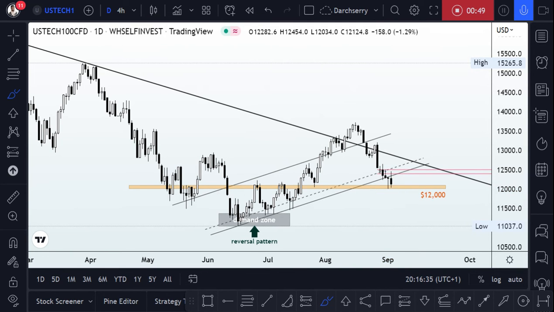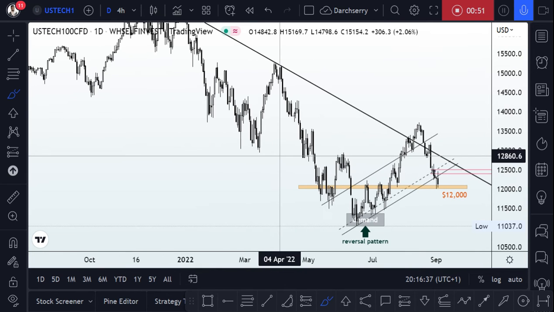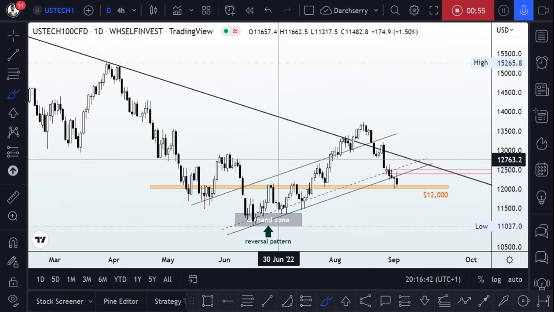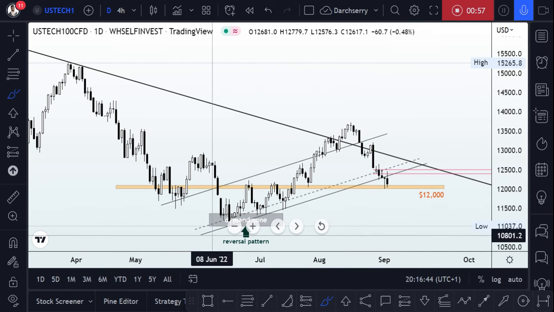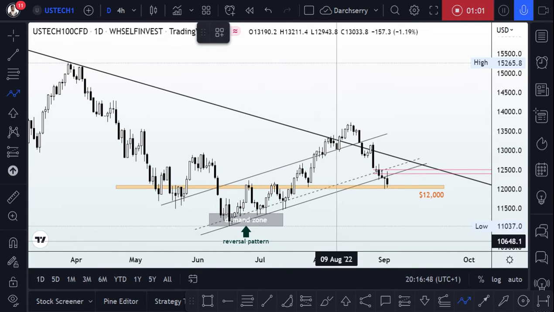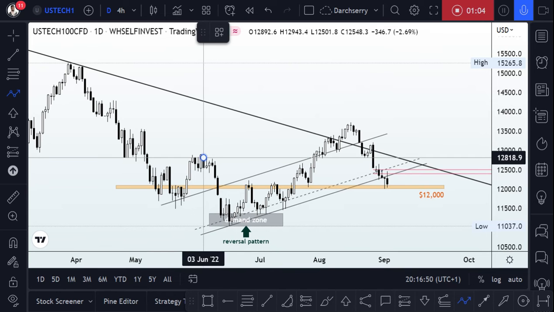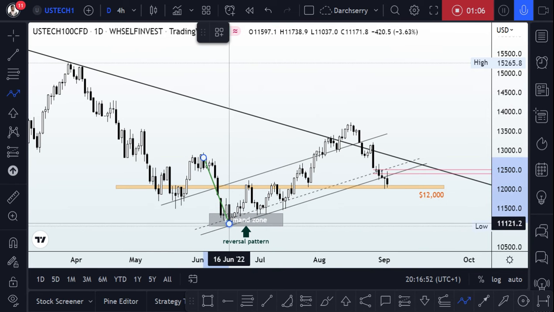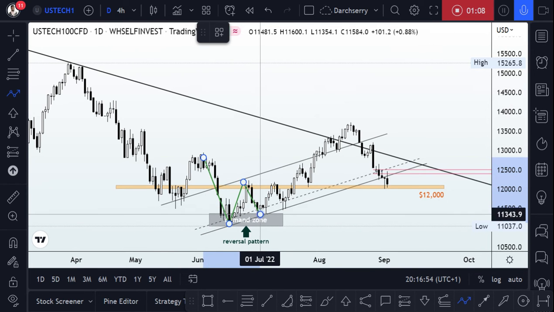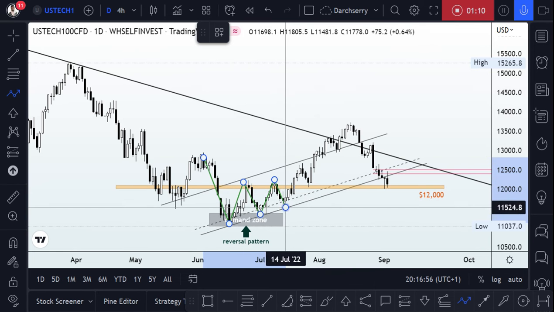Well, on the daily time frame, we've already identified that price has been on a long-term bearish momentum since the beginning of the year. And one thing we observed since the later part of June through the month of July was that price has been caught within an ascending channel. We can see the structure here, which resulted in a reversal pattern that took price right out of the 12,000 zone.